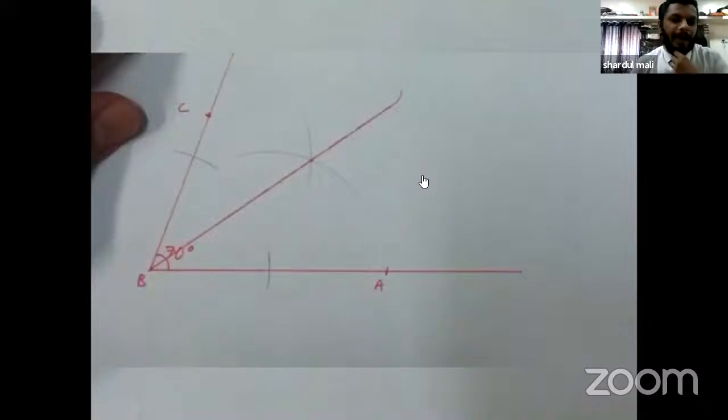It means that angle ABO and angle CBO have the same measurement because of the angle bisector.